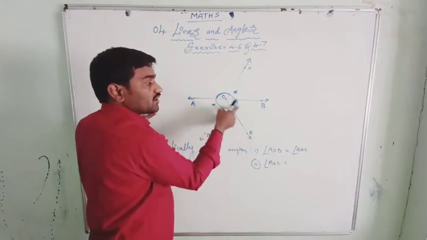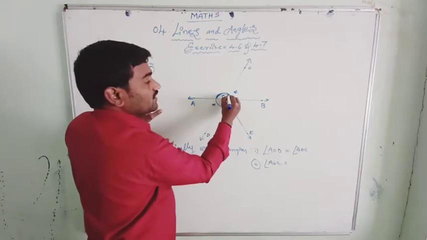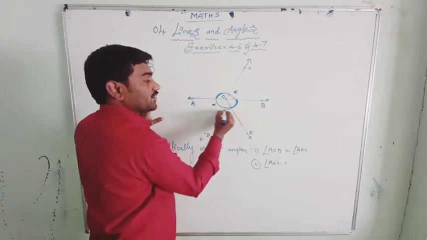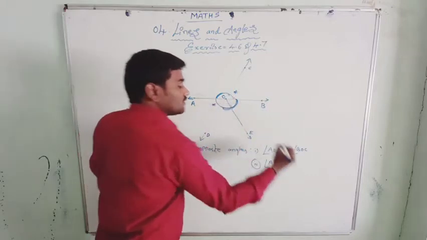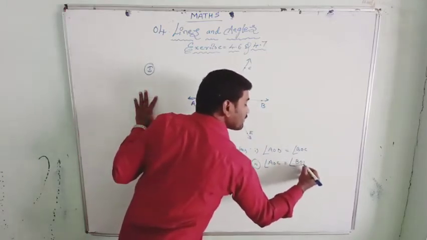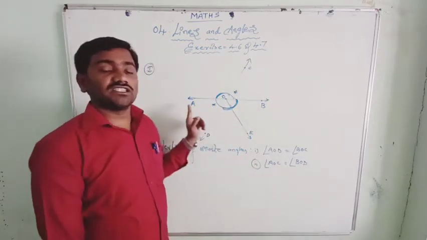This complete angle is not opposite to the equal angle here. The same length of an arc is not equal to this arc. So this complete arc we have to take. So angle AOC equals angle BOD. So these are the pairs of vertically opposite angles in this given figure.